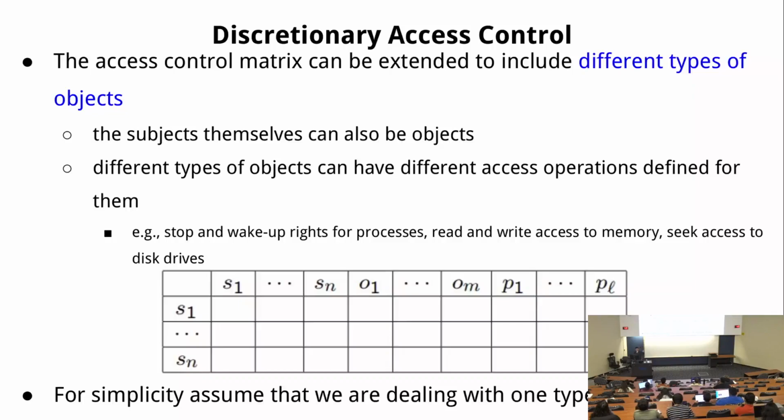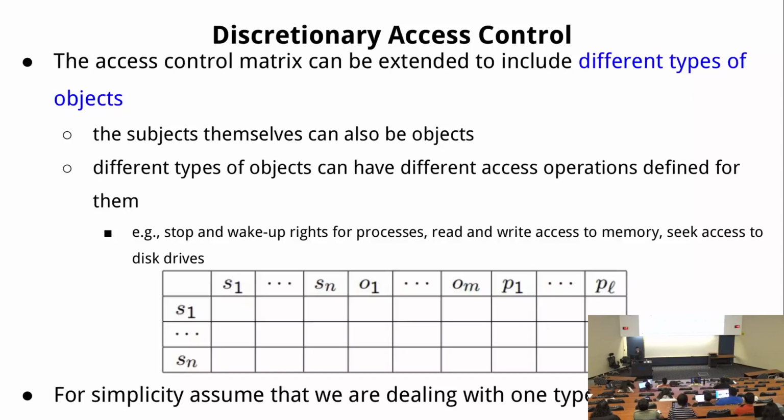Like I said, subjects themselves can also be objects, especially for operating systems. Each process can be a subject, and it can also be an object. Different objects can have different access operations defined for them.